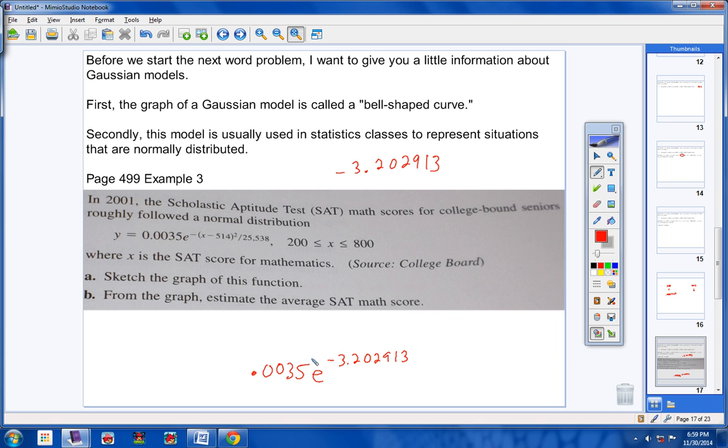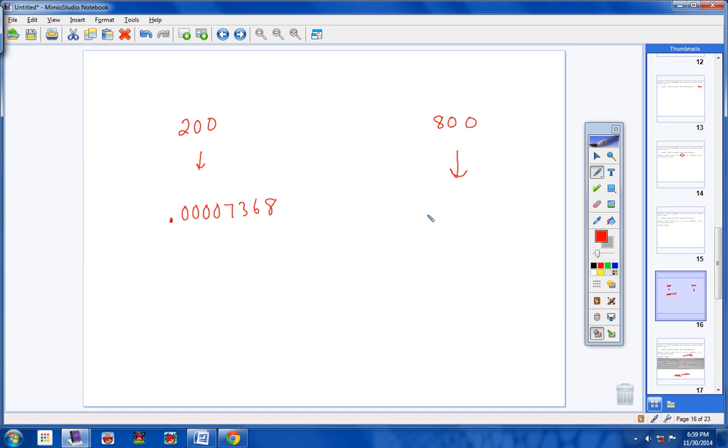So very quickly with my calculator, I'm going to type in 0.0035 and we're going to get 1.4225 times 10 to the negative 4. So you're really going to get 0.0014225. Okay?